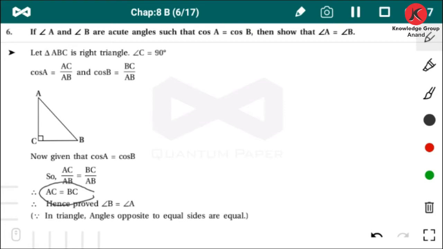AC is opposite angle B and BC is opposite angle A. Therefore, angle B is equal to angle A, or angle A is equal to angle B.